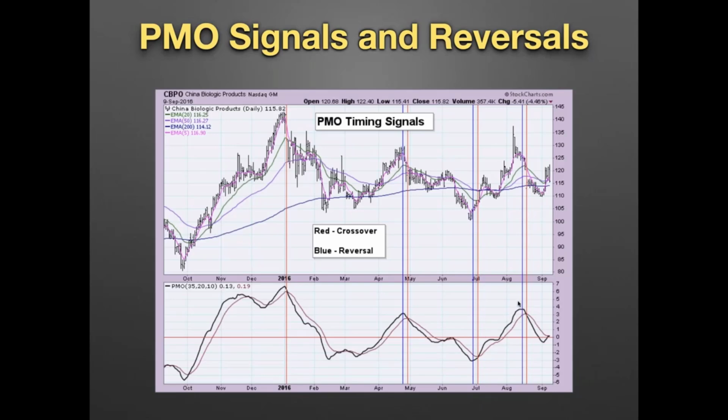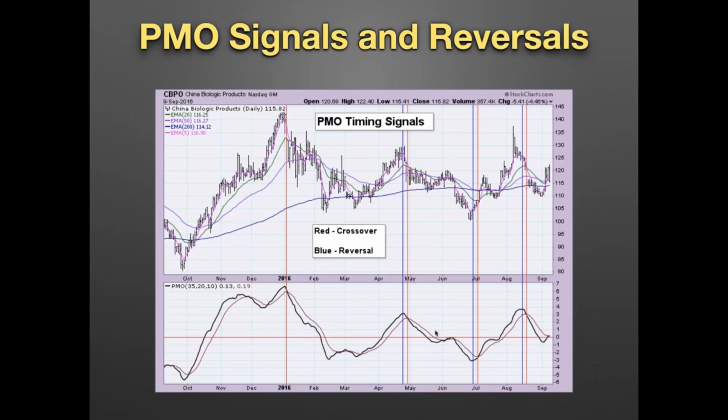So here was another shift in momentum. You got the indication that you should start paying attention for a decline. We got the decline. We had follow through on that decline. But again, it happened in positive territory. So while we did get the decline, it maybe wasn't as bad as it could have been had the PMO been below the zero line when we got that signal.